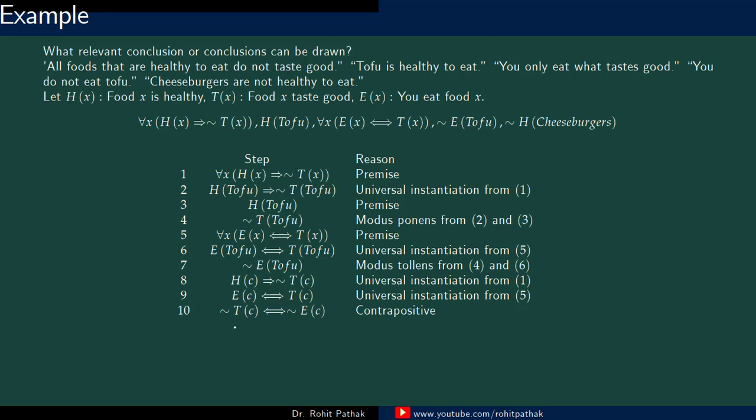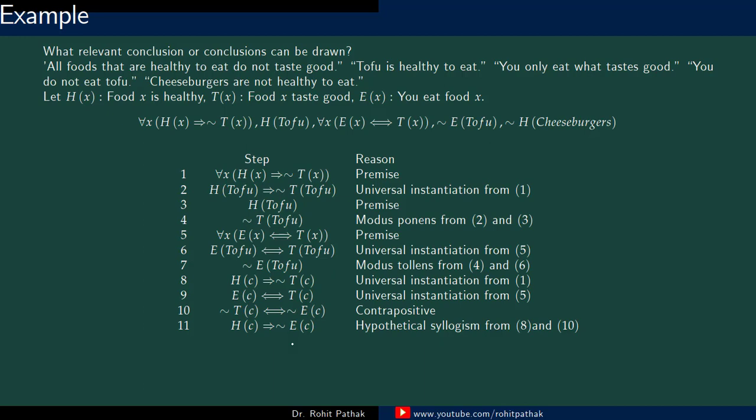So the contrapositive is negation Tc implies negation Ec. Then using hypothetical syllogism with 8 and 10: Hc implies negation Tc and negation Tc implies negation Ec. So Hc implies negation Ec.